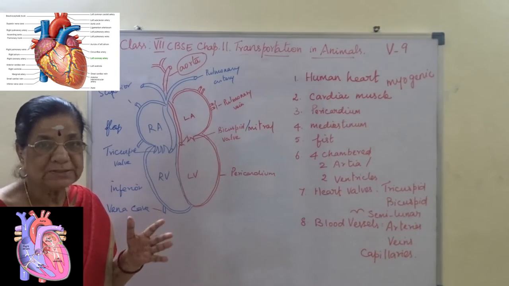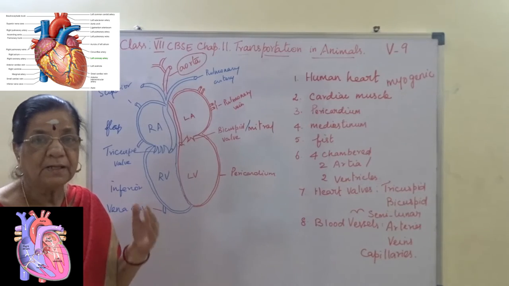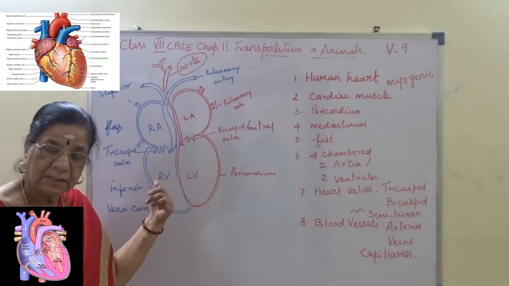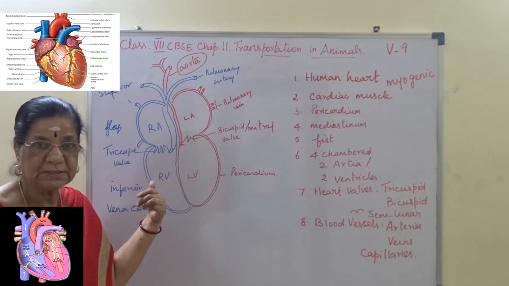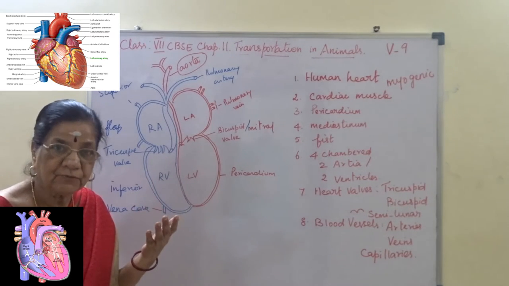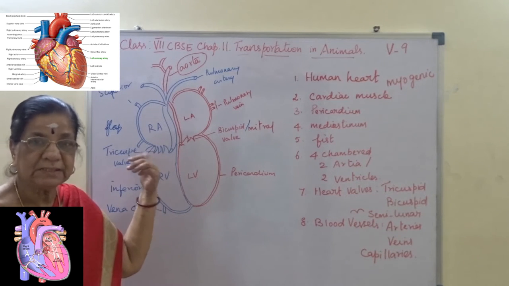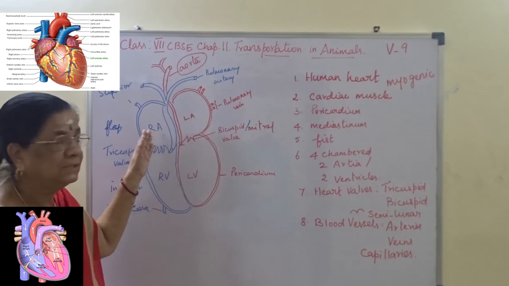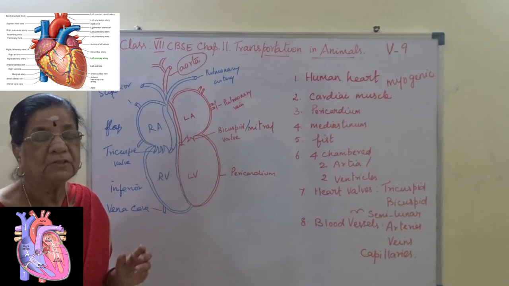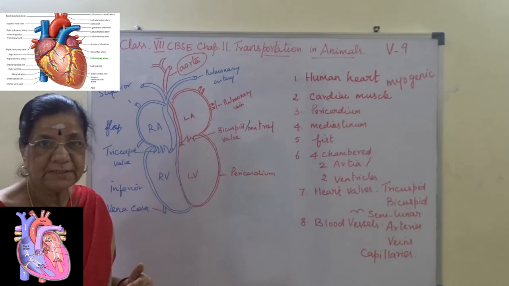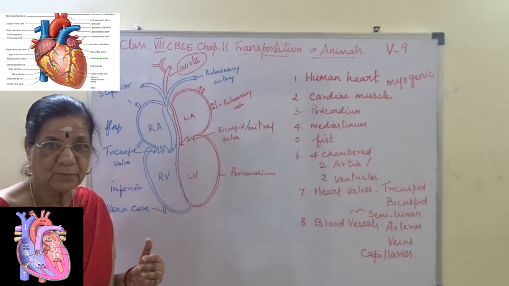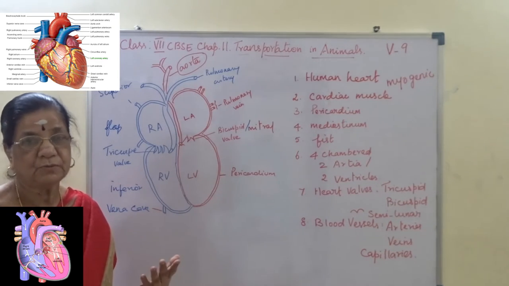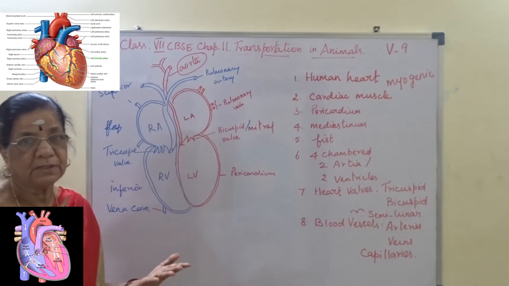So now the oxygenated blood is supplied from the heart to various parts of the body, whereas impure or deoxygenated blood is collected from various parts of the body and reaches the right atrium. I hope you understand.